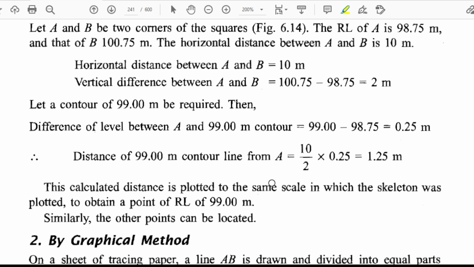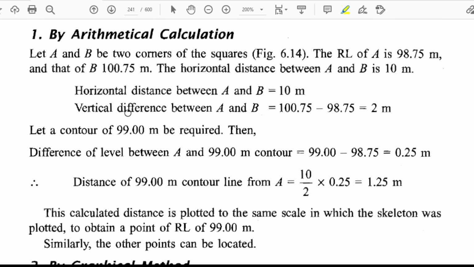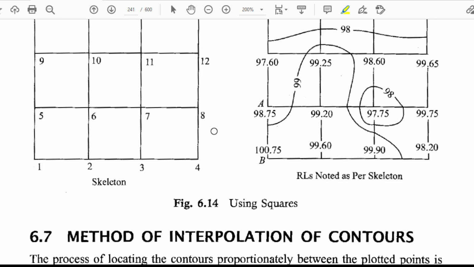Now, the vertical difference between A and B we can calculate by using the RLs of B and A. RL of B is greater, so we subtract the RL of A from B. 100.75 minus 98.75 gives you 2. So this is your horizontal distance between A and B and this is your vertical distance between A and B. In between these two, there will be a contour of 99.